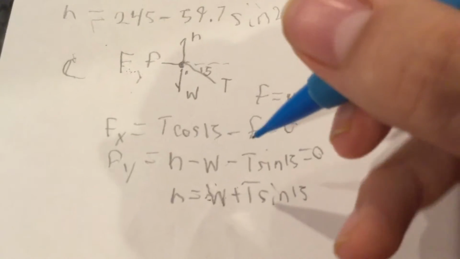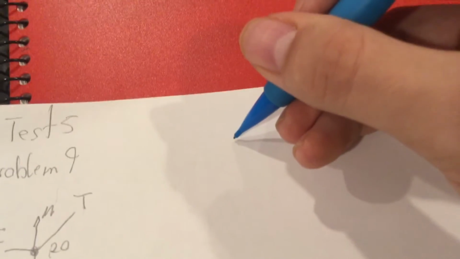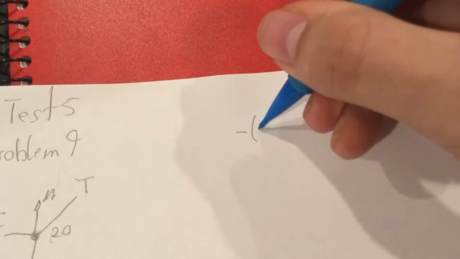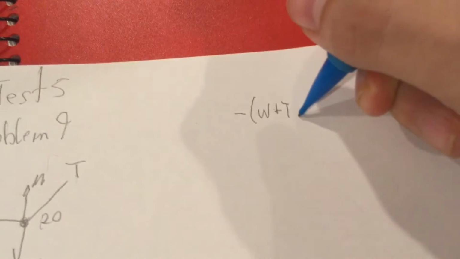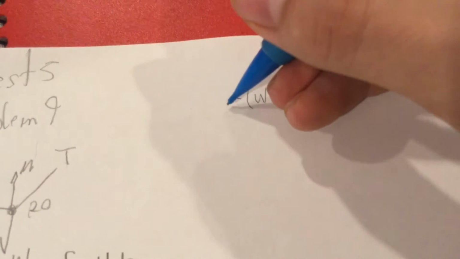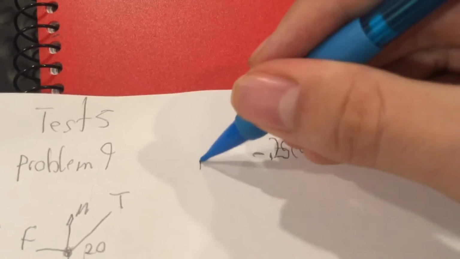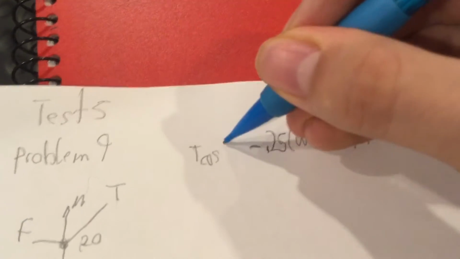We'll plug that into the equation. We'll start working with it now. We'll do negative 0.25 times W plus T sine 15, actually, it's negative 0.25, and then T cosine 15.